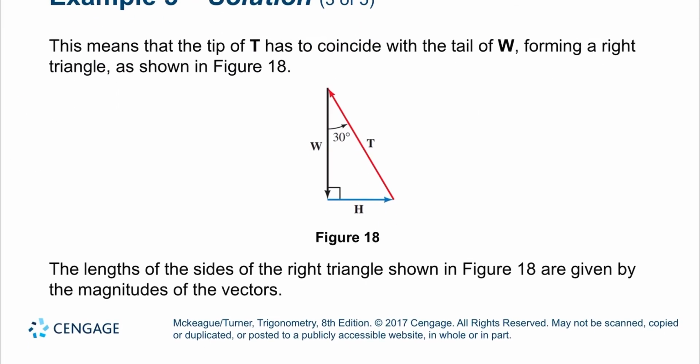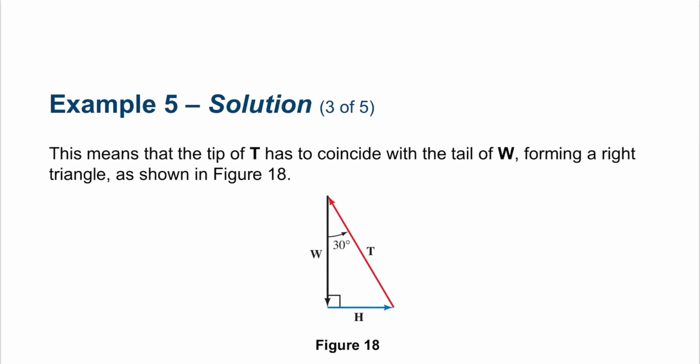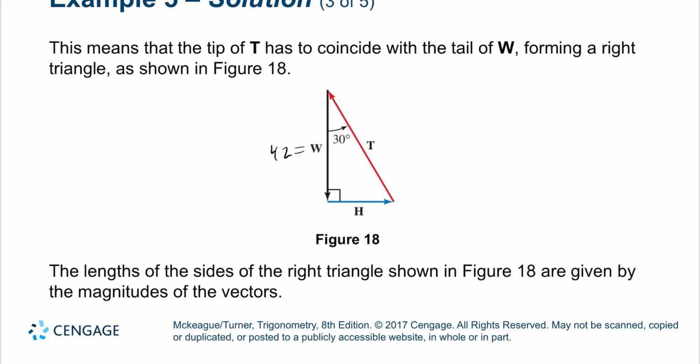So let's see if we can figure this out. We know the weight of the boy is 42 pounds, so this is 42. Okay, and since we're looking for tension, we can do cosine. So cosine of 30 is going to equal 42, or the magnitude of the weight, adjacent over hypotenuse. And so we can solve for tension.